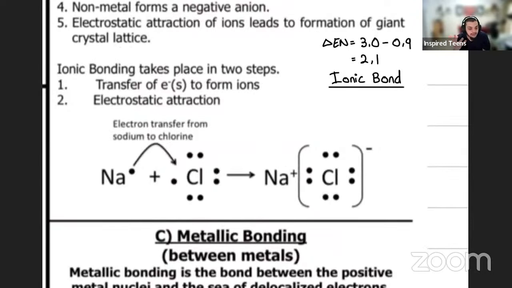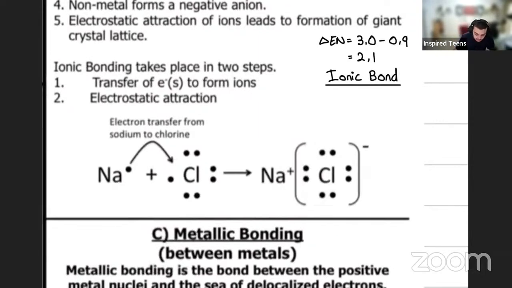So we know that there's not going to be any sharing of electrons here. What's going to happen is, initially we have the metal and the non-metal, and the metal donates, it gives its electron to the non-metal.